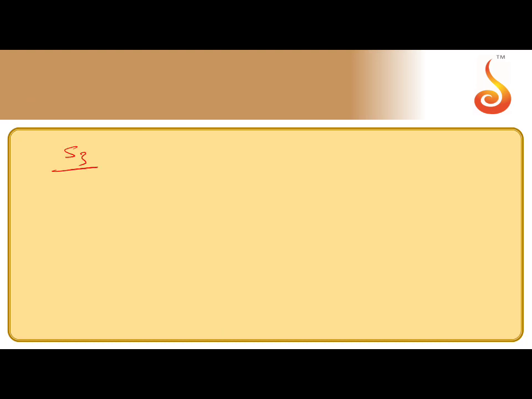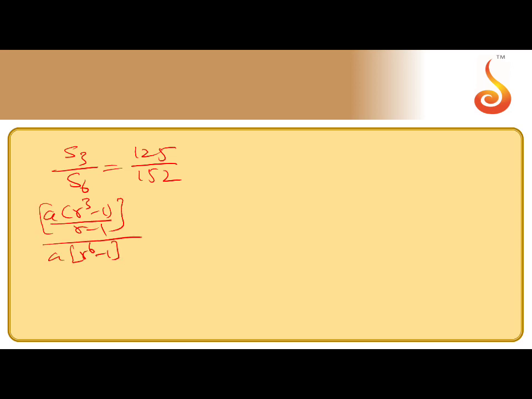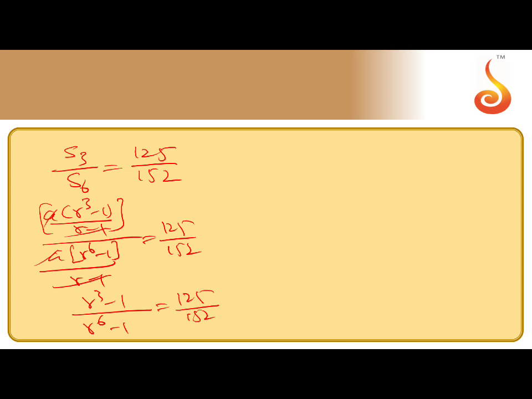So S3 by S6 is given as 125 by 152. S3 means A into R cube minus 1 by R minus 1. Here S6 means A into R power 6 minus 1 by R minus 1. That is 125 by 152. R minus 1 cancels, A cancels. So what is left here? R cube minus 1 by R power 6 minus 1 is 125 by 152.